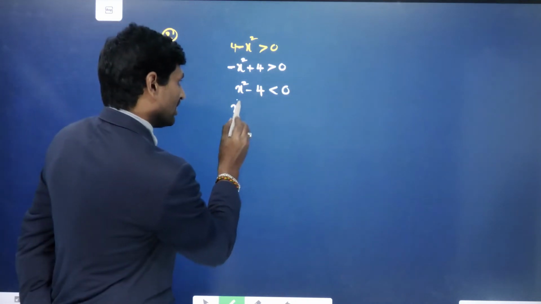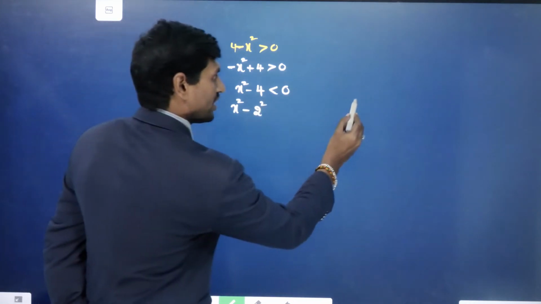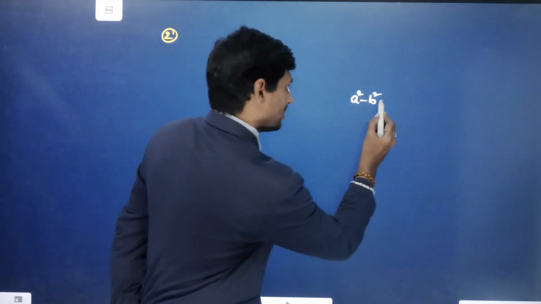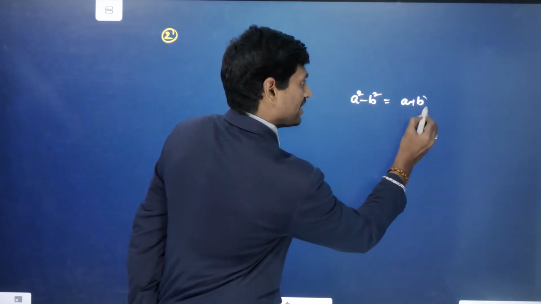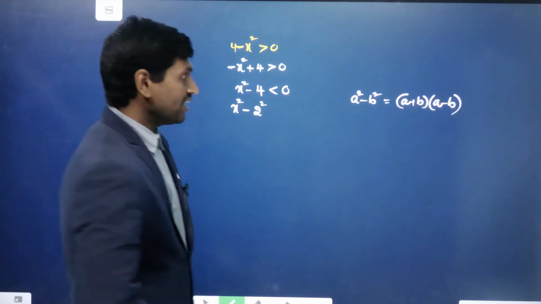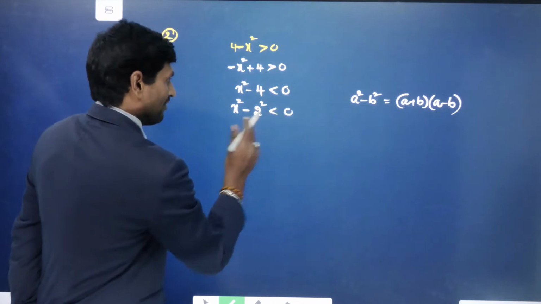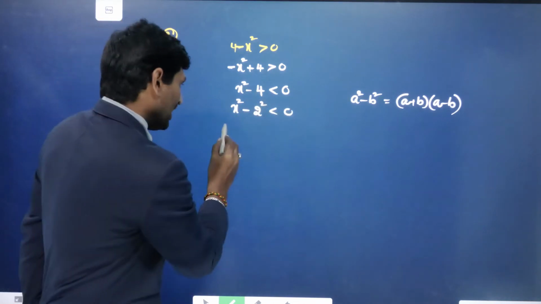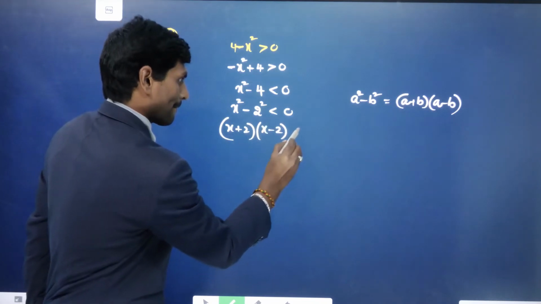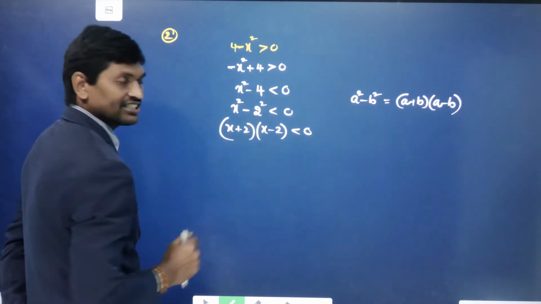Now I can write 4 as 2 square. According to the algebraic identity, a square minus b square, we can write this as a plus b into a minus b. What is the formula for a square minus b square? A plus b into a minus b. Same way, x square minus 2 square I can write as x plus 2 into x minus 2, less than 0.